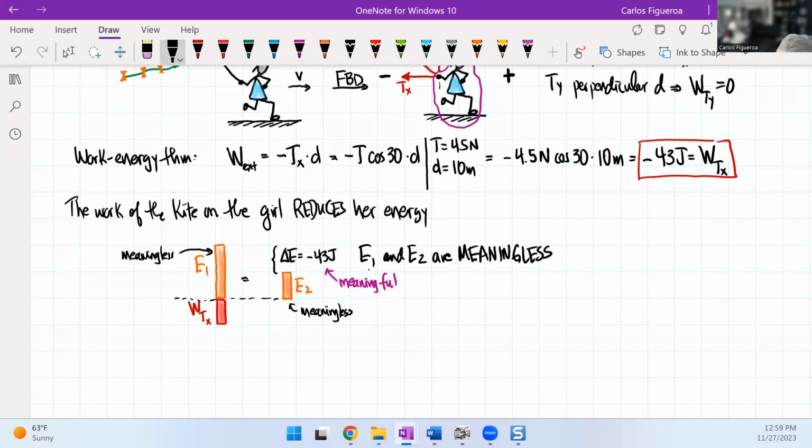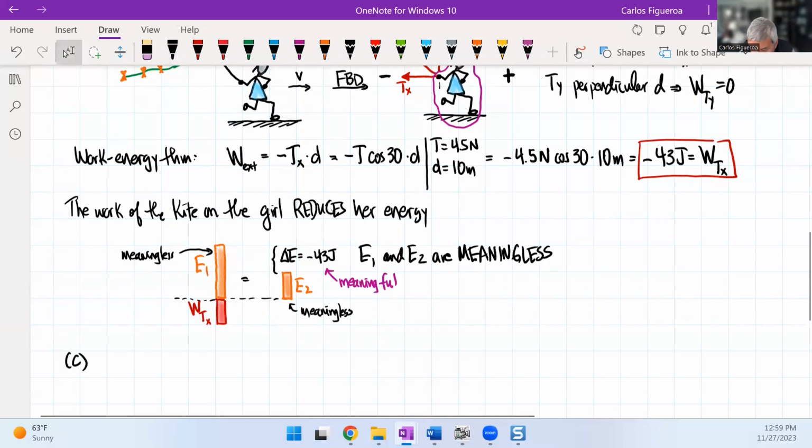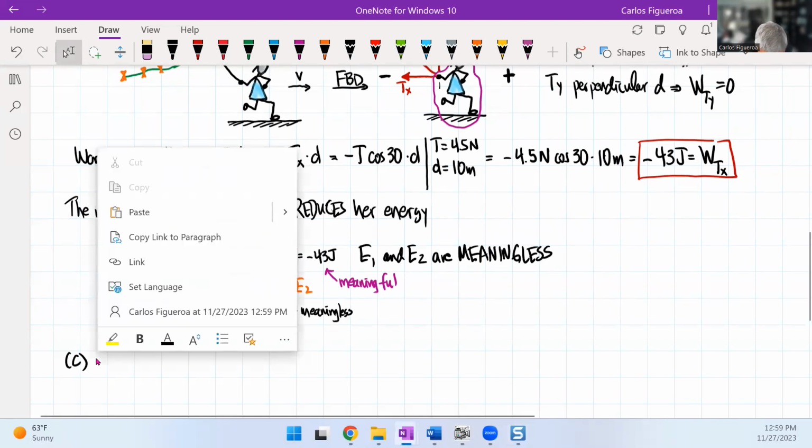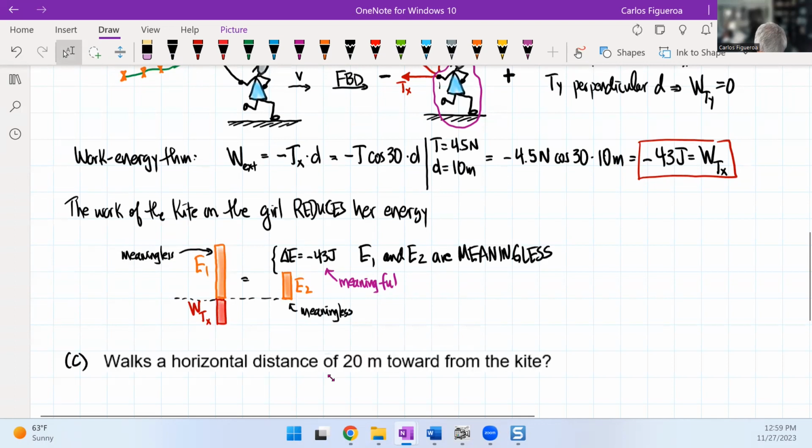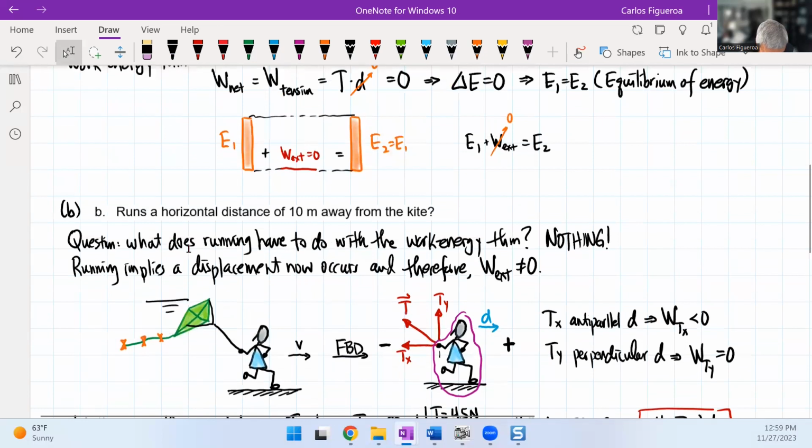Okay, let's go to C here. And in C, we had a similar situation where this time she walks a horizontal distance. Just like we said, what does running have to do with the work energy theorem? Nothing.